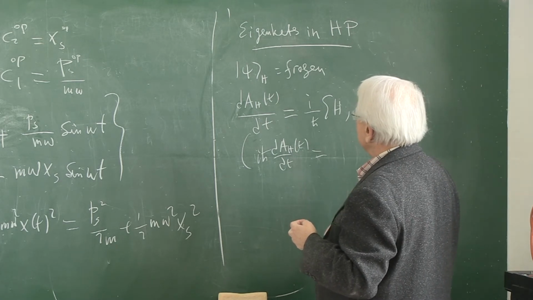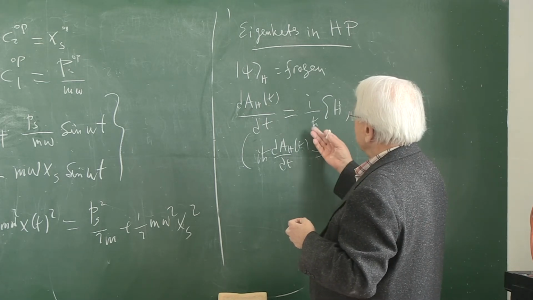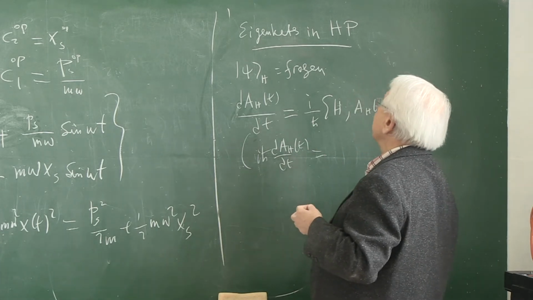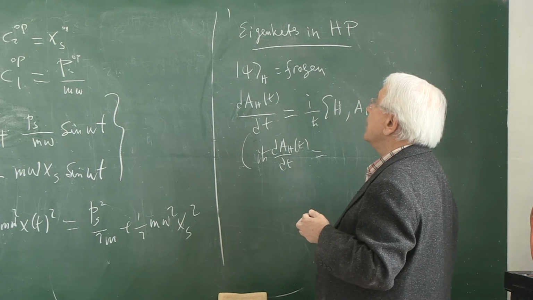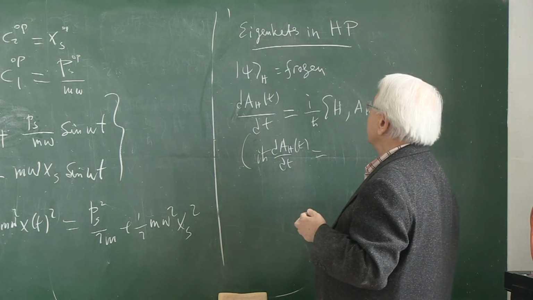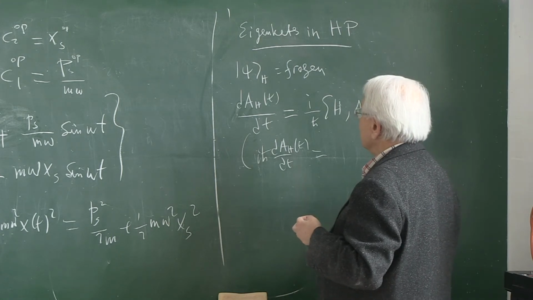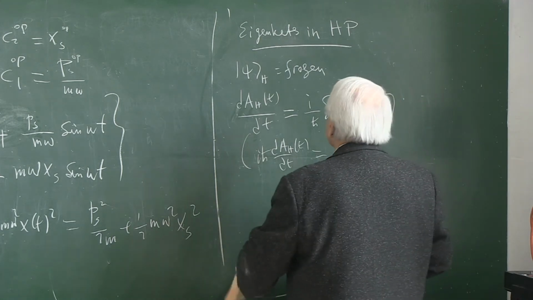What is it? When you take this to the left, and then i over h bar, A with H. You don't need this, right?